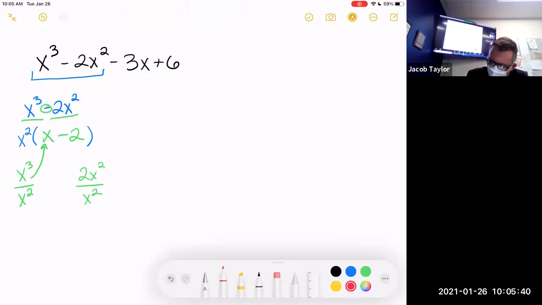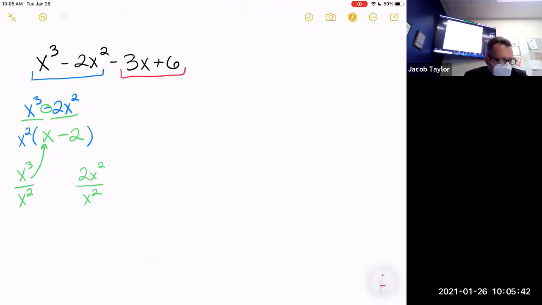Is the 3x negative? Yes. Because that's the same thing as plus negative 3x plus 6.